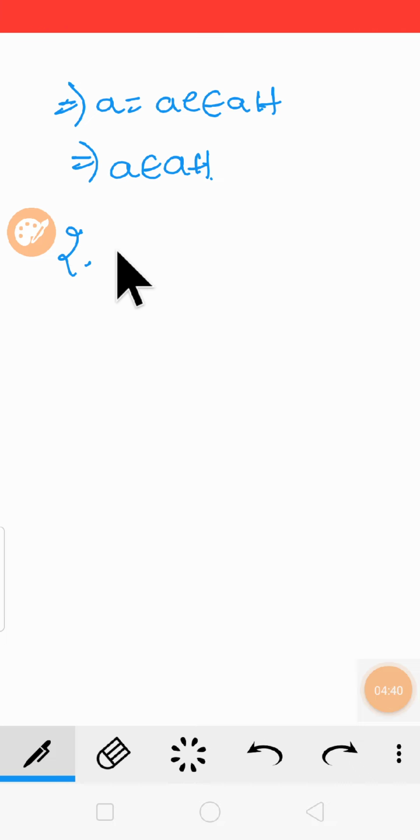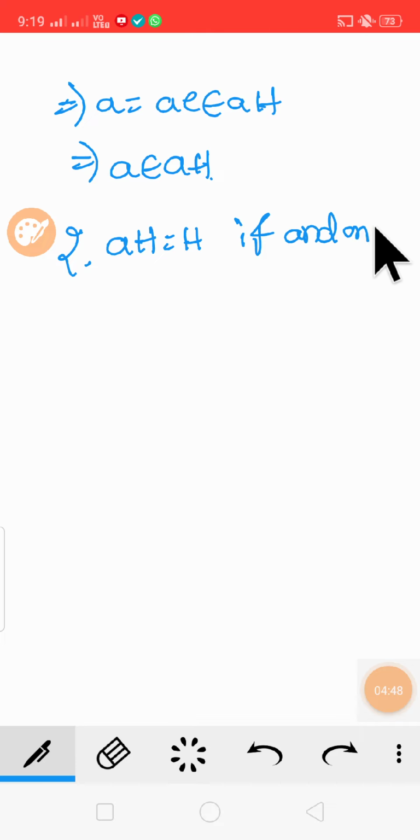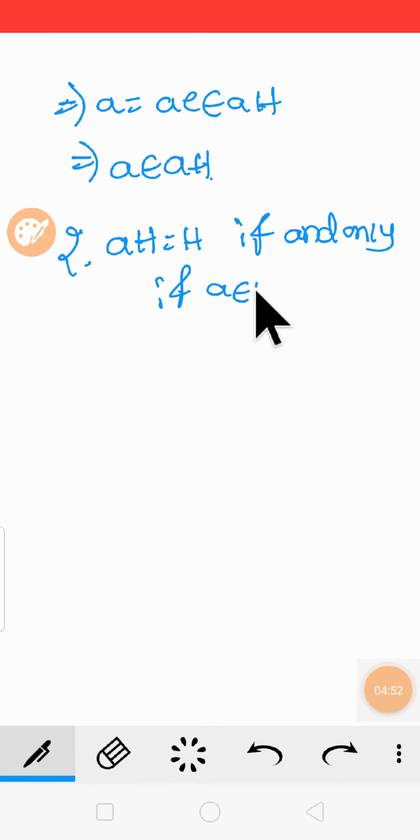Second property, we prove aH = H if and only if a belongs to H. Here we prove two conditions.